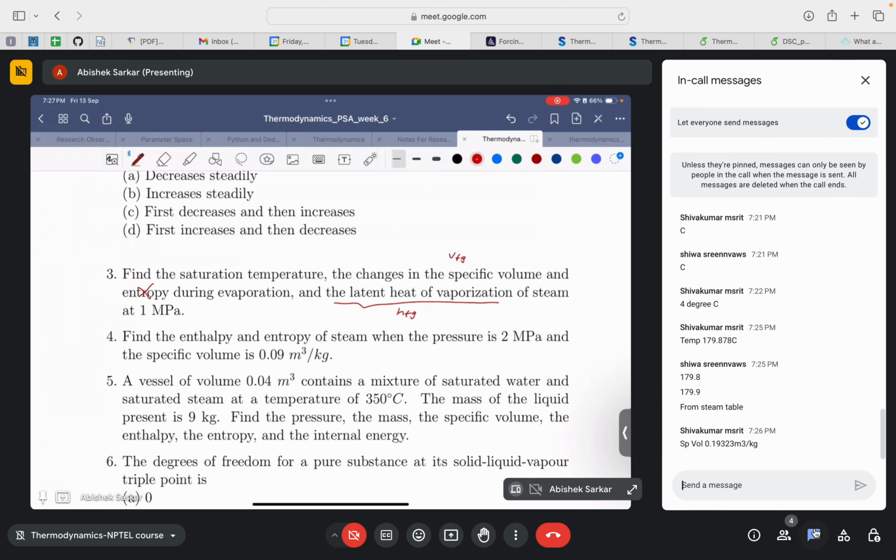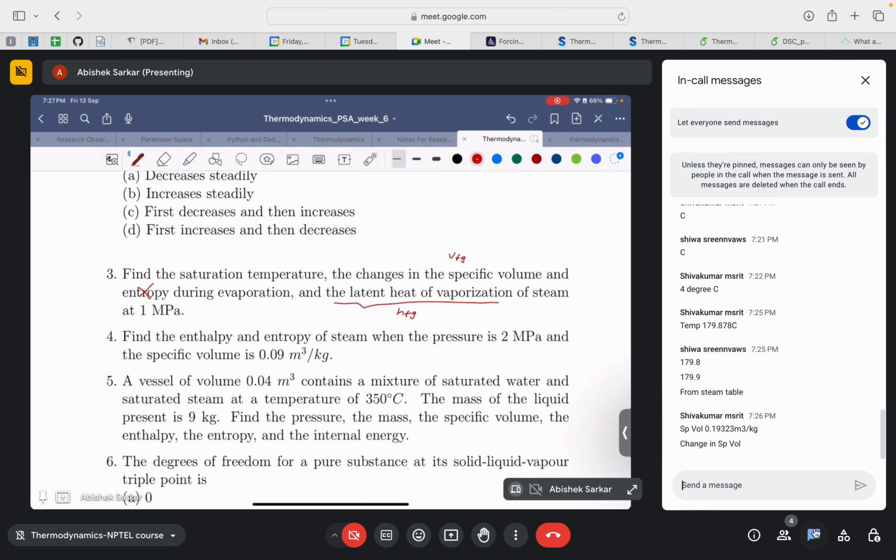Okay, it's correct. Now tell me the change in the enthalpy, HFG. Can you tell me the change in the enthalpy as well, HFG? Yeah, you can find it. Take your time.